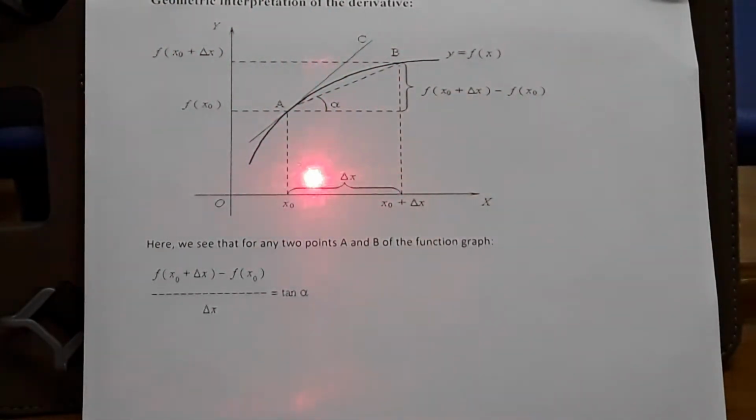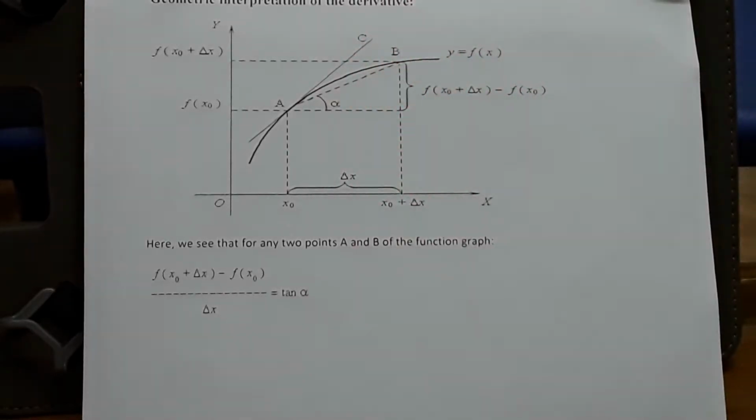Delta x is the increment given to the variable x, and so we can understand how the function y changes. So the derivative of a function at a point is the slope of the tangent of this graph at the point.